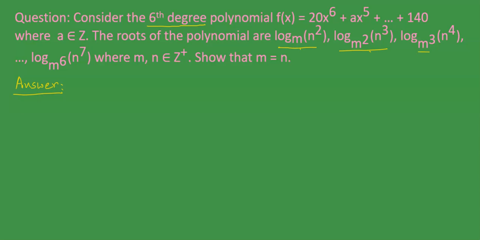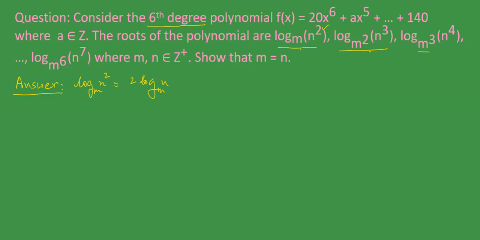So let us convert them to the same base m. Okay? And also let us take the powers to the coefficient position. So for the first root, it is log of n square to the base of m. This can be written as 2 times log of n to the base m.